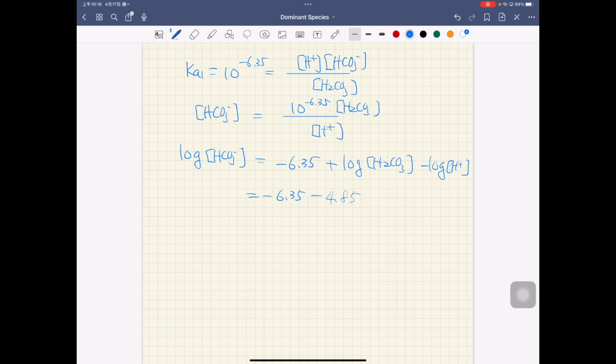And this minus log H plus is pH, so I just add pH. So you got this number, given the number, add it together, so it will be pH minus 11.2. See, you got another line, right?